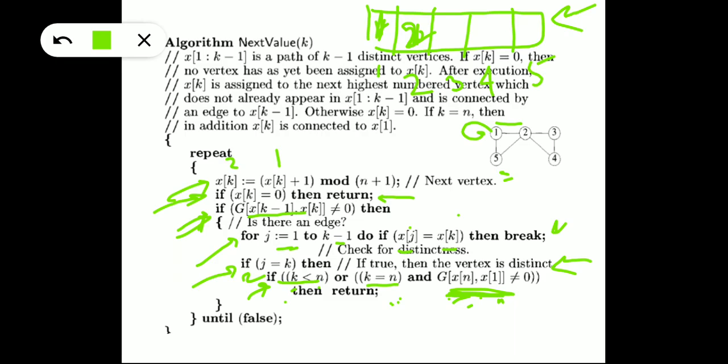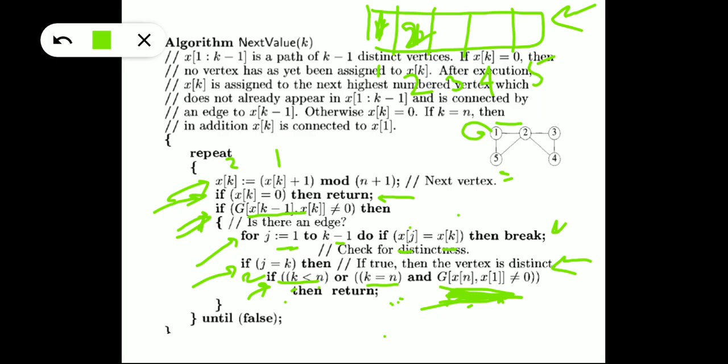So if k is equal to n and there exists an edge from x of n to x of 1, it means that we have got a Hamiltonian cycle, and we simply print the result and come out of it.